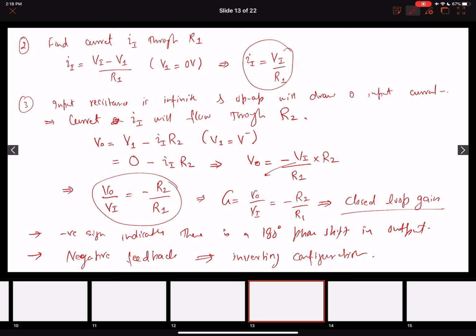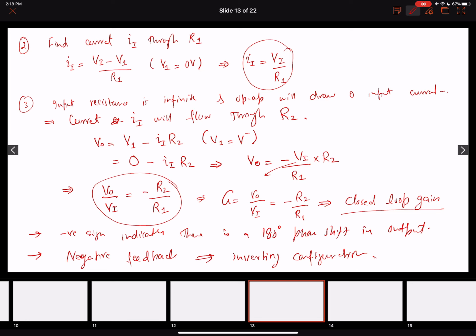And so the final point before I wrap up our lecture is that our open loop gain was infinite for an ideal op-amp, or an extremely large gain.